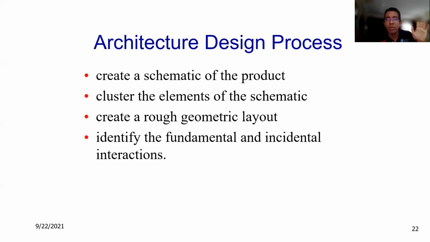Because the product architecture will have implications for product development activities. The result of this activity is an approximate geometric layout of the product, a description of the major chunks, and then documentation of the key interactions among the chunks.